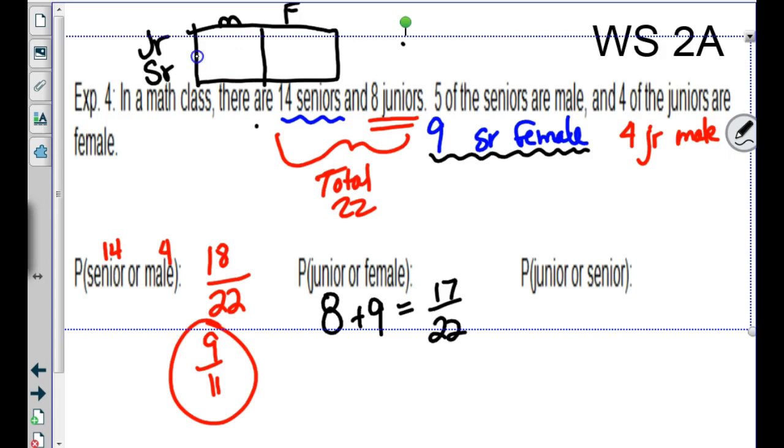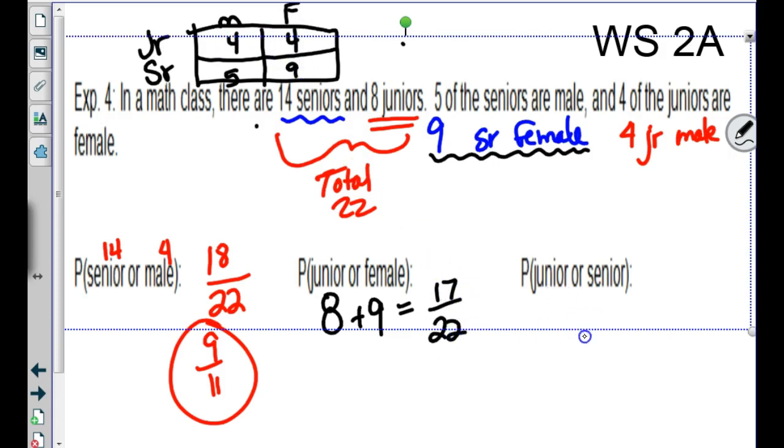If we had put this in 14 seniors, so there were 5 male and 9 female, and 4 and 4 for the juniors. So for this question, senior or male, we need the 5 plus the 9 plus the 4. Okay, that's where we got 18. Junior or female would be juniors all count plus additional females here. So we had 4 plus 4 plus 9.